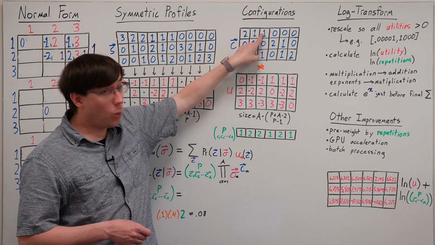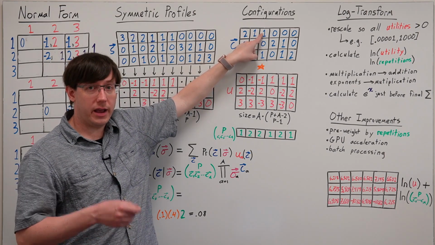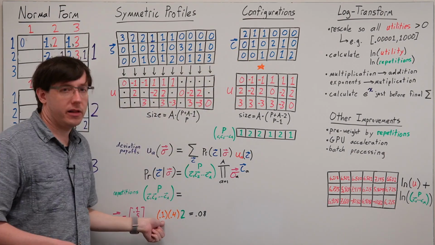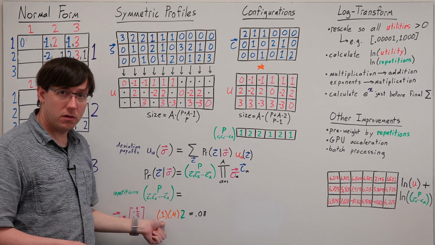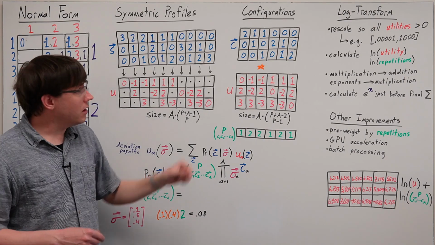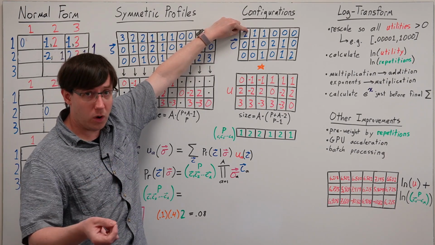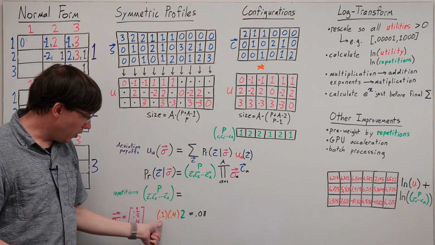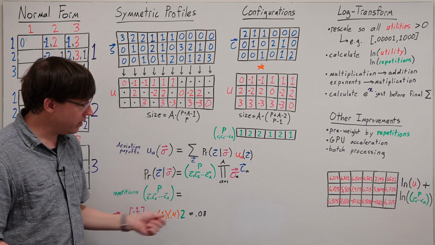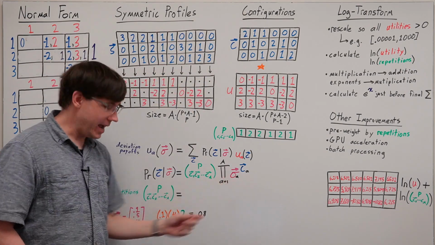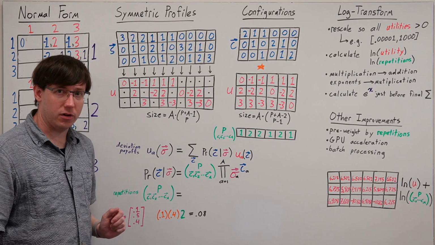Because we had one player choosing action 1 in this configuration, we multiplied by that probability once. But if instead we'd been in a configuration where two players choose action 1, then we would need to multiply by 0.1 twice by raising it to this power. We multiply that out over all of the actions.